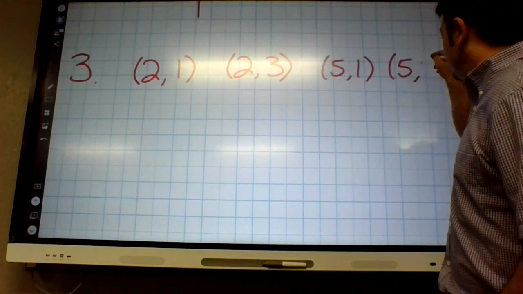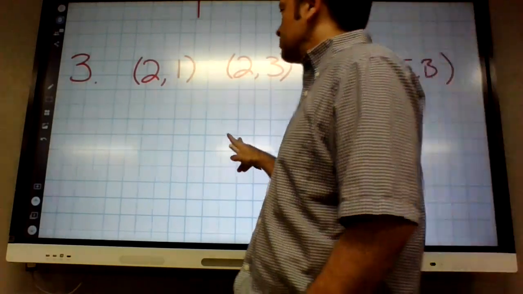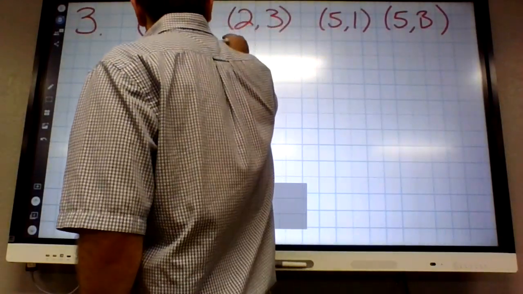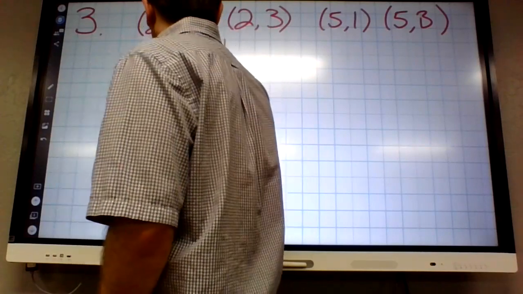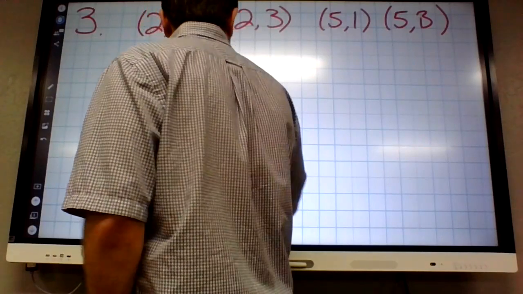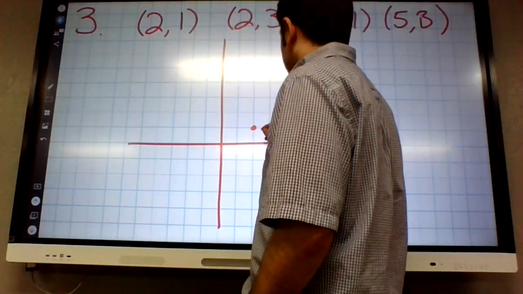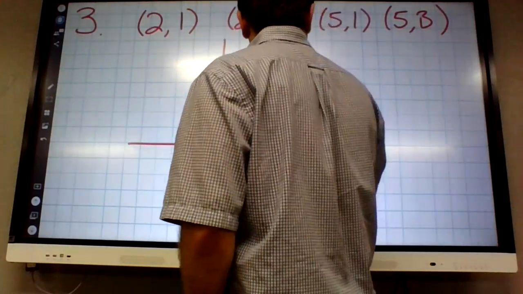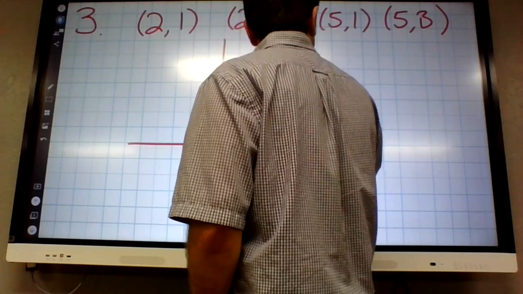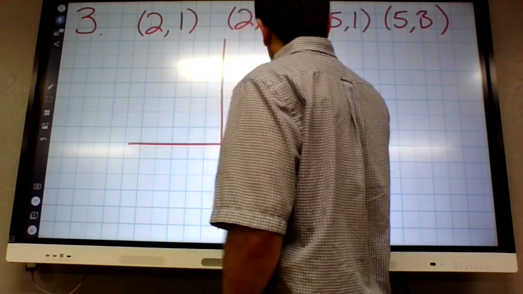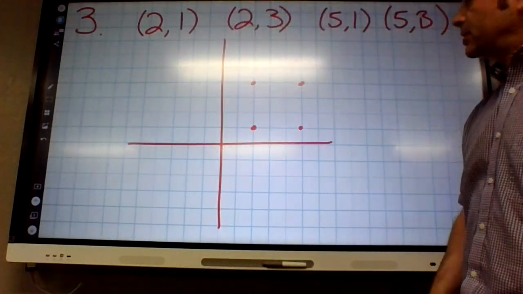You guys see where I got those from? So we're supposed to graph those. 2, 1, 2, 3, 5, 1, 5, 3. Makes a little rectangle, or square actually.